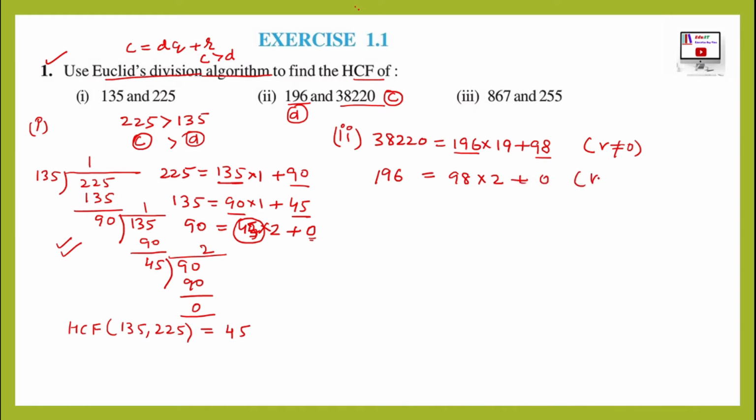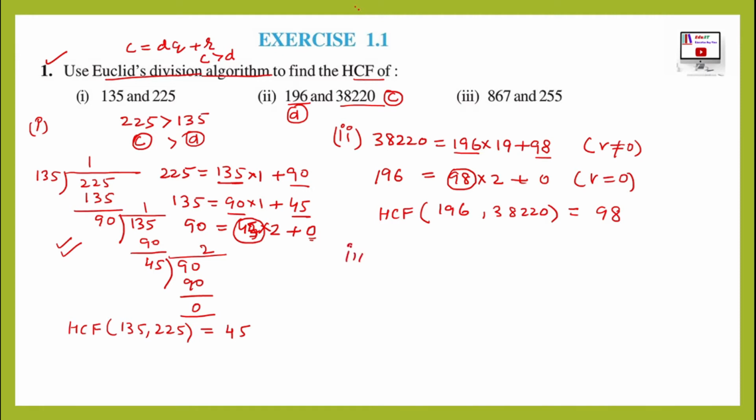At this stage R is equal to 0, remainder is 0. So the value of D, this 98, will be the required HCF. So HCF of 196 and 38220 is 98.